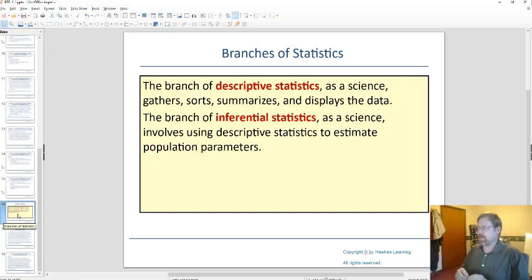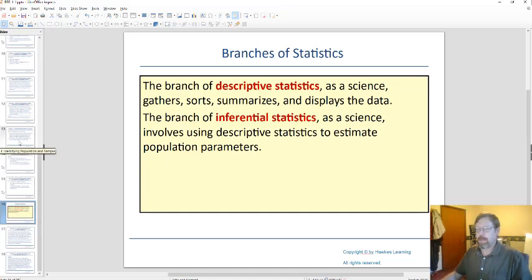So it's telling you what the data looks like. The other main branch is inferential statistics, and that's using descriptive statistics to try to make an estimate of what the population means. So descriptive statistics are focused on the sample. Inferential statistics are taking that sample and trying to estimate what it would mean for the larger group.